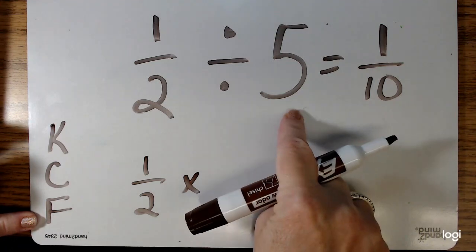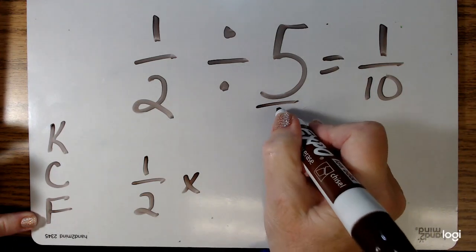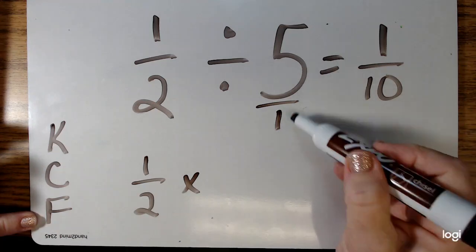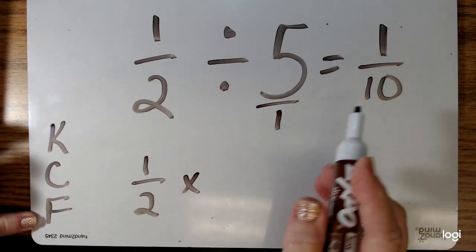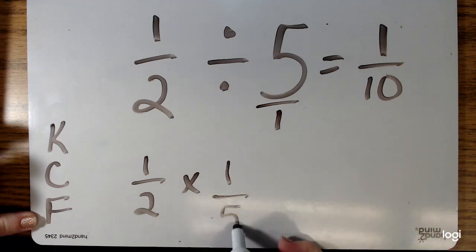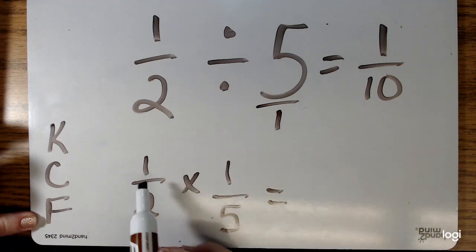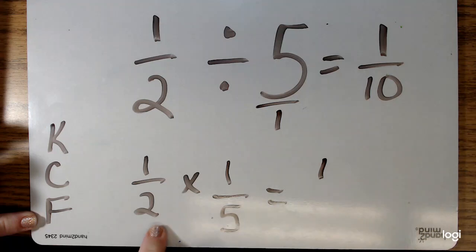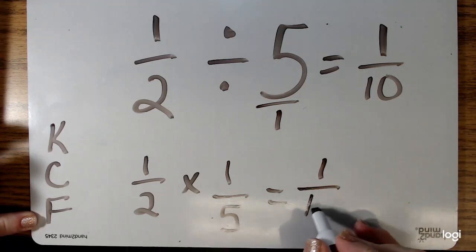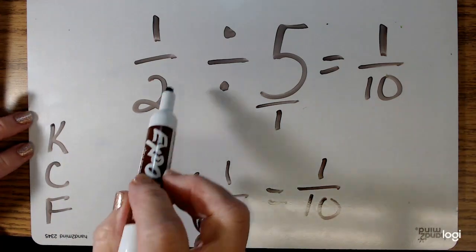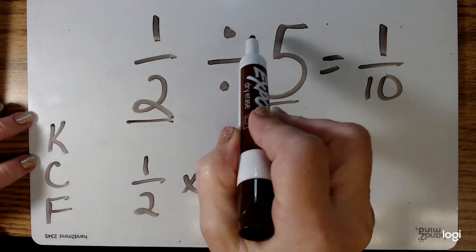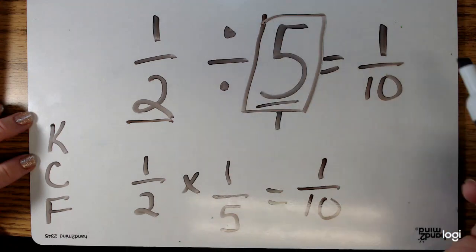Well, 5 is actually the same as 5/1. So I highly encourage you to put that on there so that now you can see, oh, I need to flip 5/1 to 1/5. 1 times 1 is 1, and 2 times 5 is 10. Same answer.